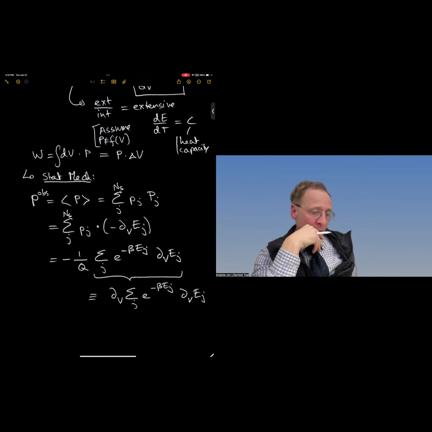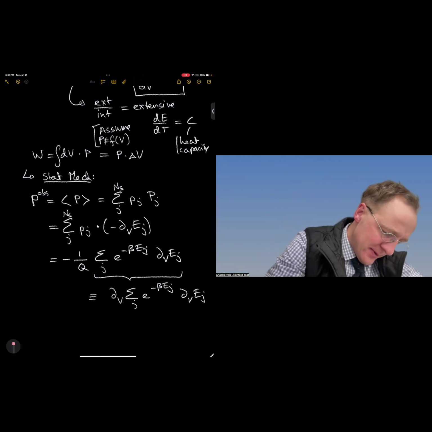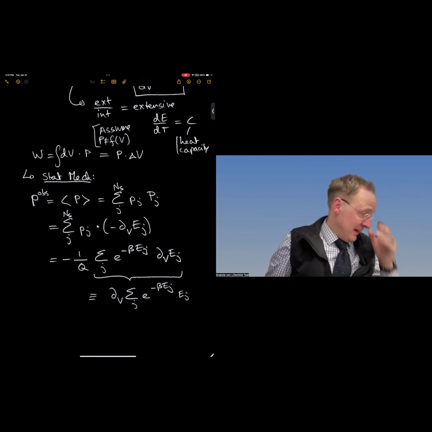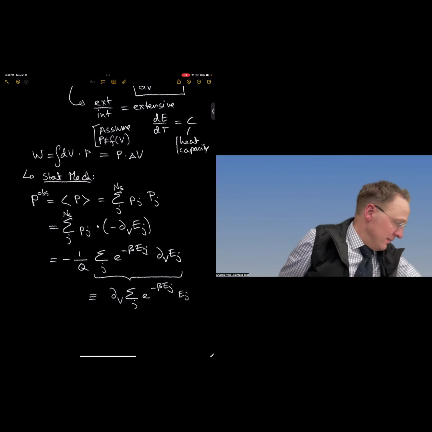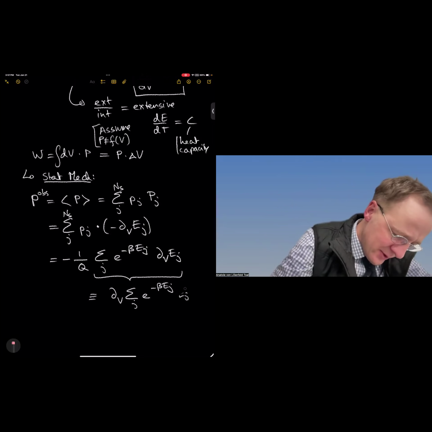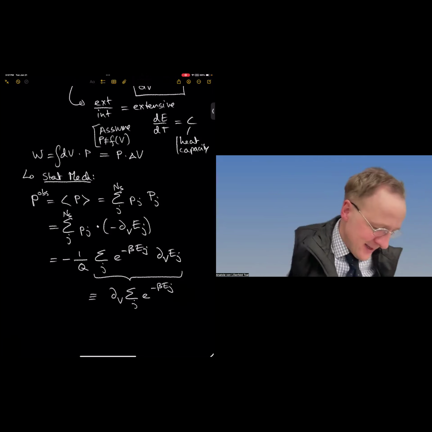And then I still have to differentiate my energy with respect to V. Oh, sorry. I apologize. This is, of course, Ej, right?